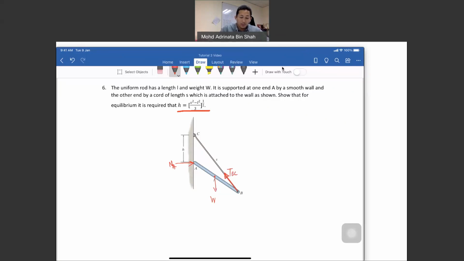Okay, so the step is you need to find the moment, and from this one you will get TBC equals something in W form, in W, because the weight of our rod is not given.